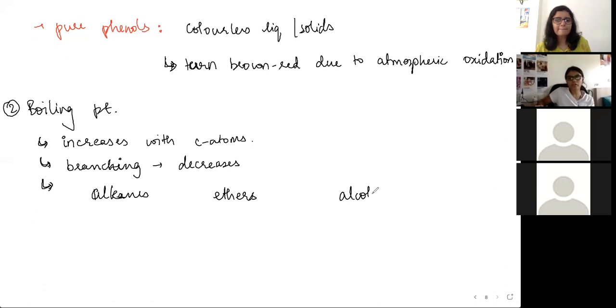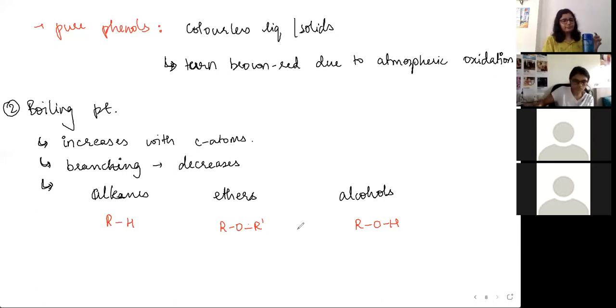So if you were to compare alcohols, ethers, and alkanes, which one would have the highest boiling point? Which one would have the lowest? So this is RH, this is ROR, and this is RH. Which is the lowest? So that you can easily figure out.